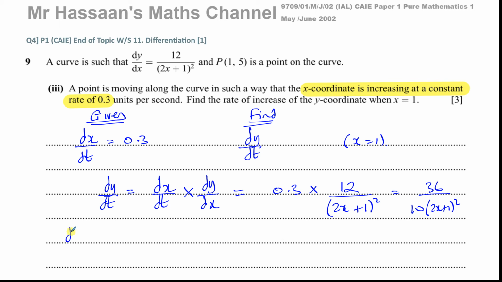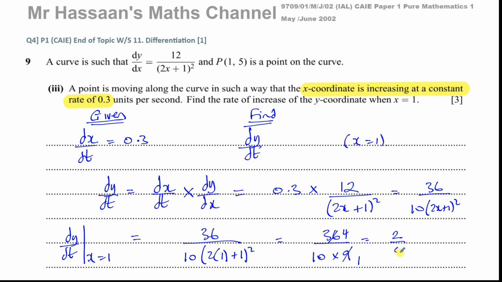Now we want to find dy/dt when x equals 1, because this is the x-coordinate at the point P. So we're going to have 36 over 10 times (2 times 1 plus 1) all squared. That's 2 times 1, which is 2, plus 1, 3. 3 squared is 9. So it's going to be 36 over 10 times 9. 9 goes into 36 4 times, so you've got 4 over 10, which is 2/5.